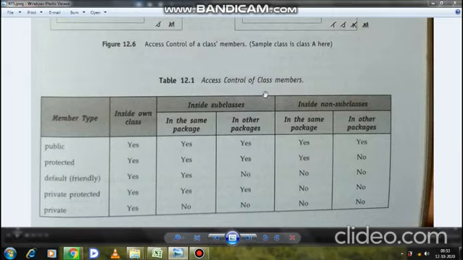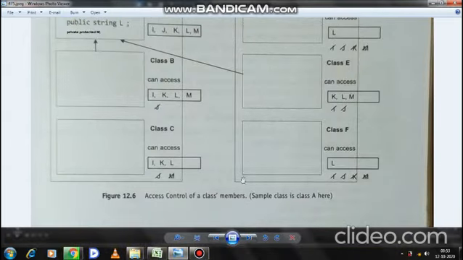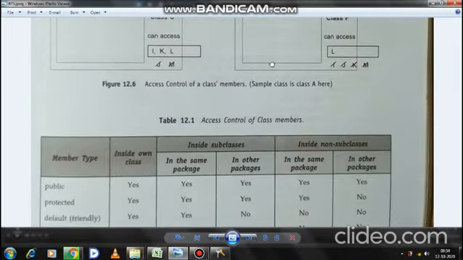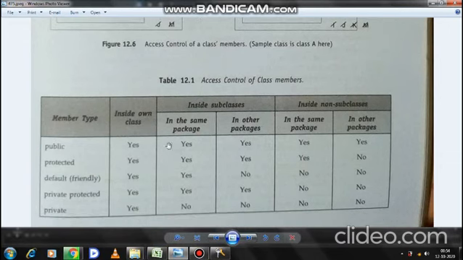Next I will tell you about this one, so no need to bother about the other one. See this one only. Public is accessible everywhere. Private is accessible nowhere but only inside the class.